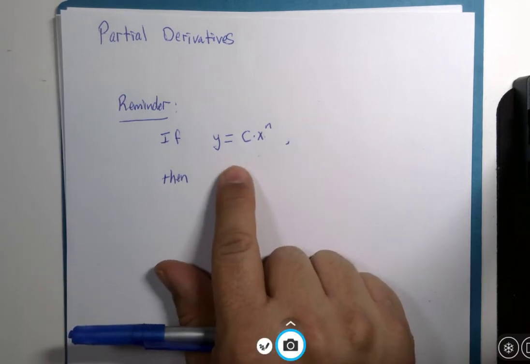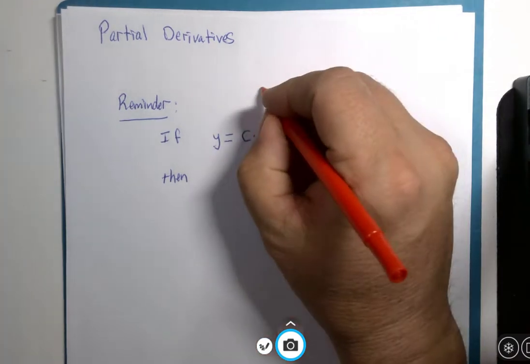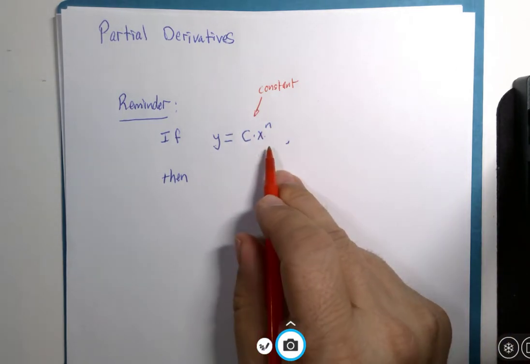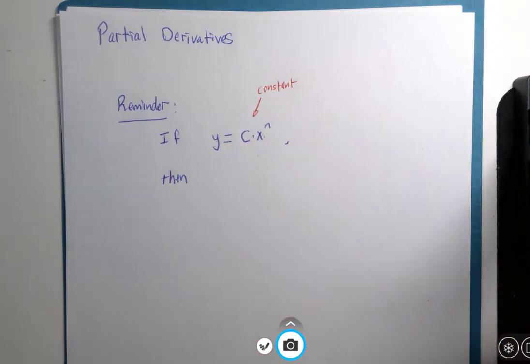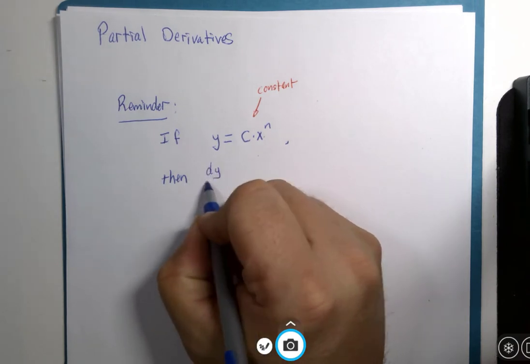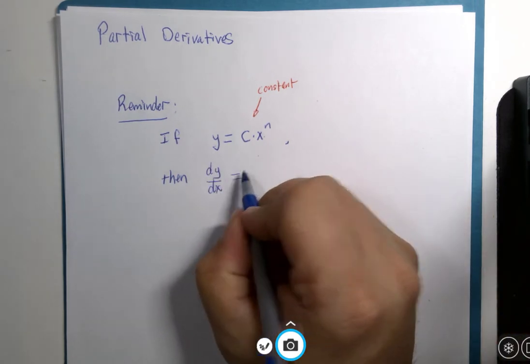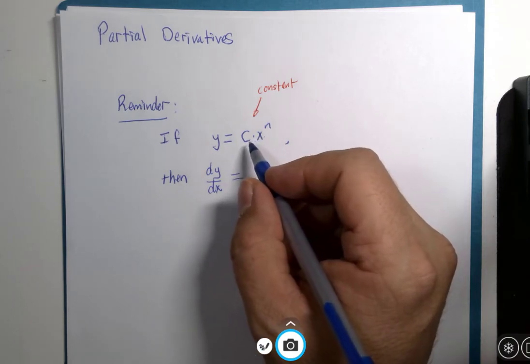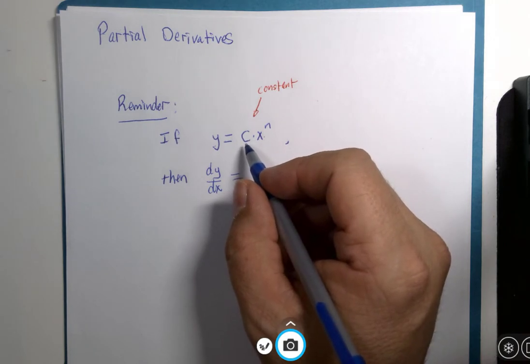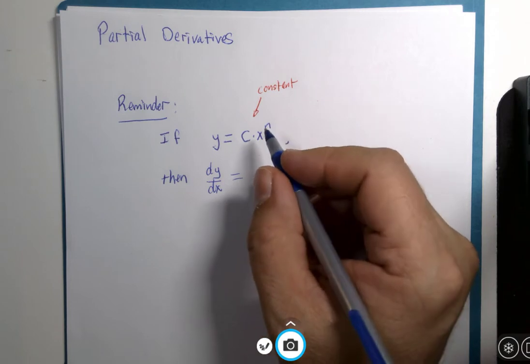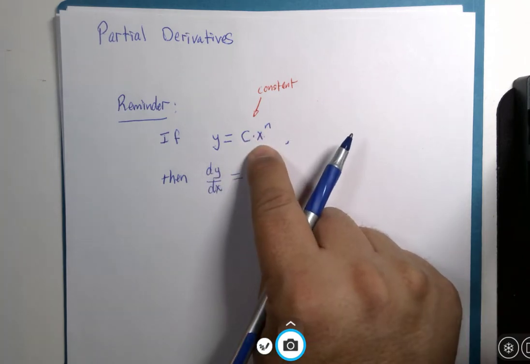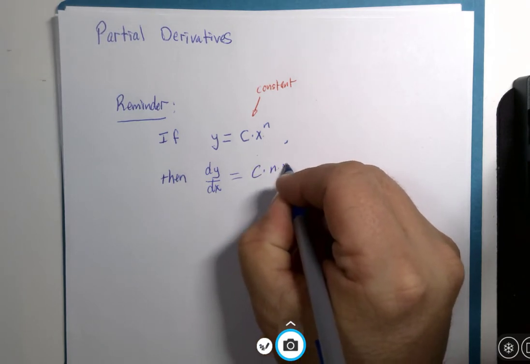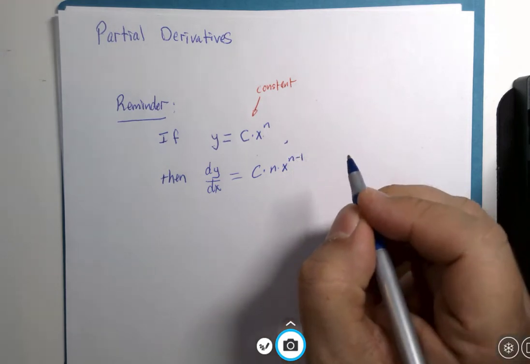If, for example, we had a constant multiplied by x to a power, and we wished to find the derivative of that function, the power rule is used, but also something called the constant multiple rule, which means the derivative is the derivative multiplied by the constant. So it would be the constant times n times x to the n minus 1 power.